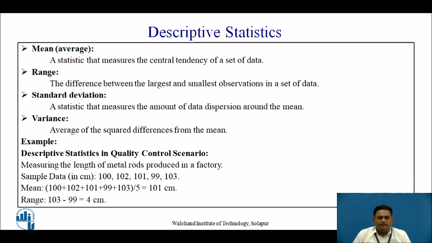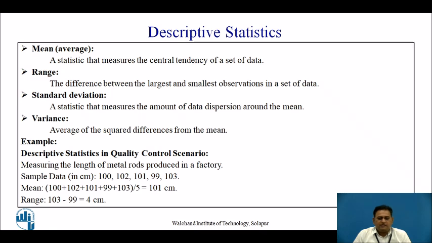The standard deviation is helpful for measuring the amount of dispersion of the data from the mean. And finally, the average of the squared differences from the mean defines the variance of the particular product or the lot.